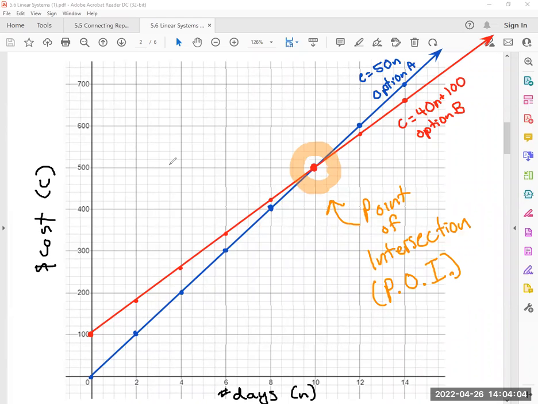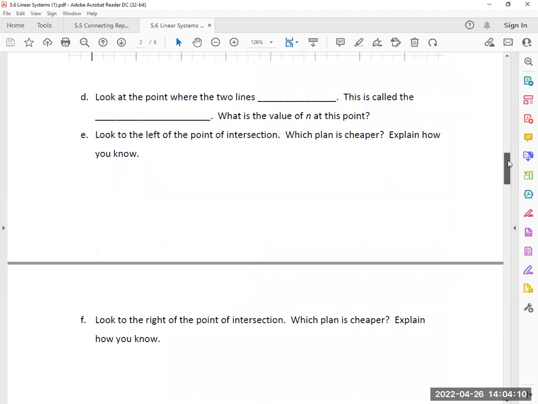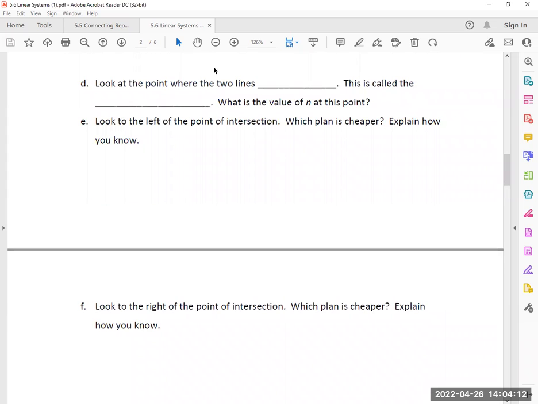All right. So point of intersection, as we move on. Look at the points where the two lines intersect. This is called the point of intersection, aka POI.